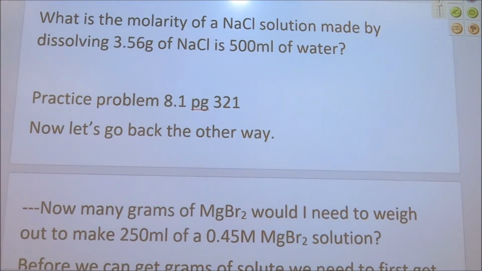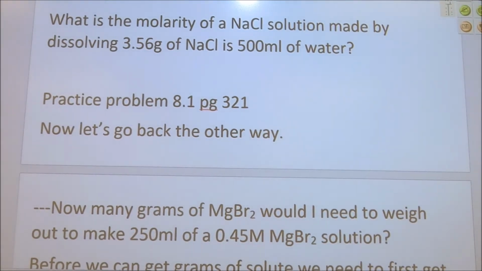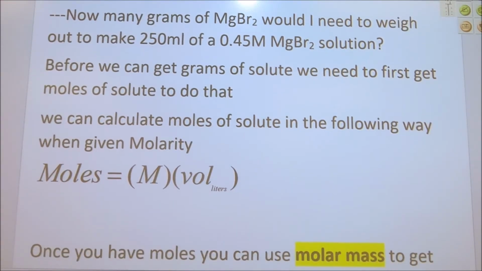There are variations on this theme of concentration that we can see when we're problem solving. Namely, sometimes we need to go back the other way. Let's say we know the volume of the solution we want to make, and we know the concentration of the solution we need to make, and we need to know how many grams of solute we need to measure out.